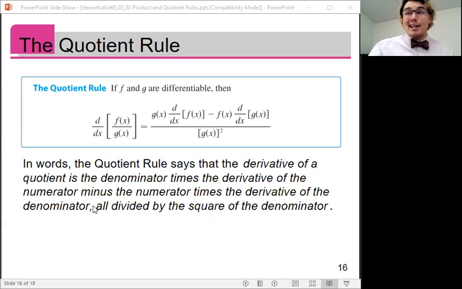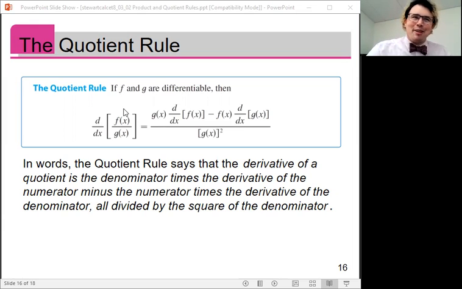Well, that's a bit wordy to memorize. So there's a cute little rhyme I like to use to remember this stuff. The original function is a fraction with a numerator and a denominator.